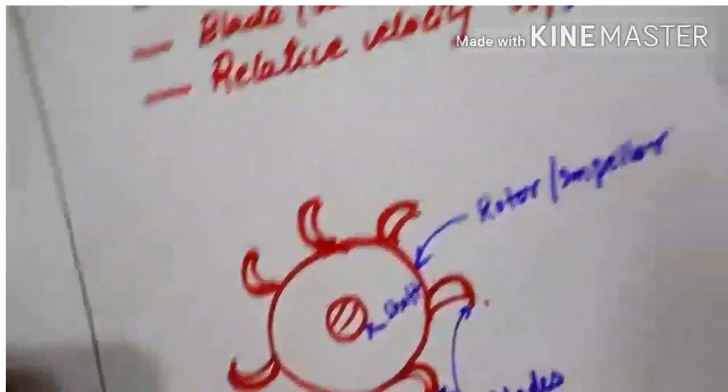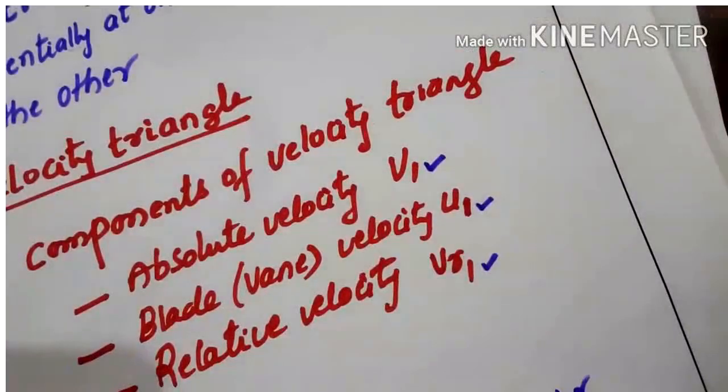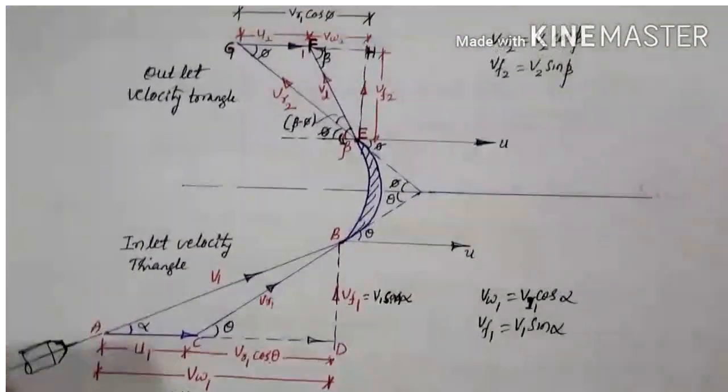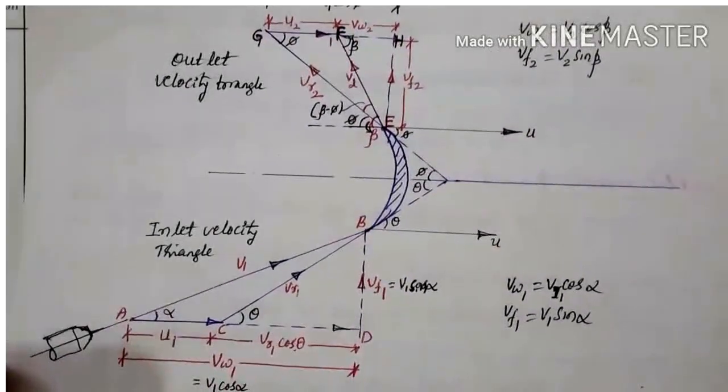Here we have drawn the velocity triangles like this. You have to draw the velocity triangle like this.